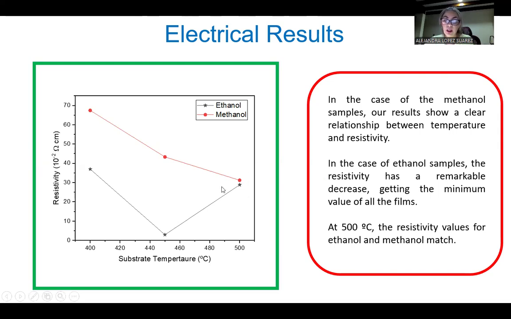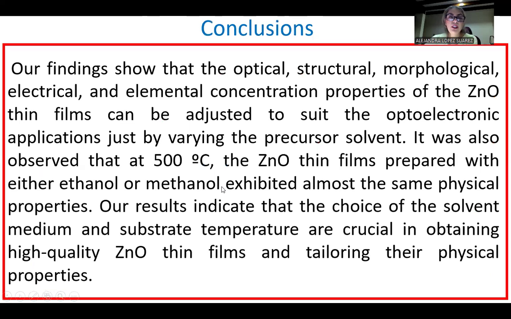For the conclusions, we can say that our findings show that the optical, structural, morphological, electrical, and elemental concentration properties of zinc oxide thin films can be adjusted to suit, for example, optoelectronic applications, just by varying the precursor solvent or also the temperature.